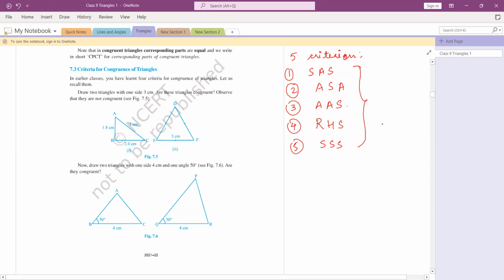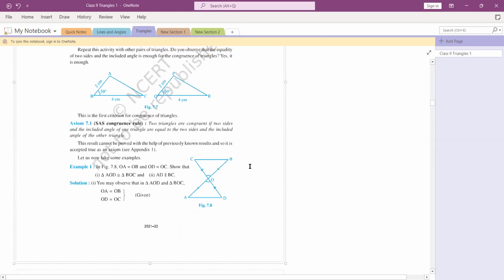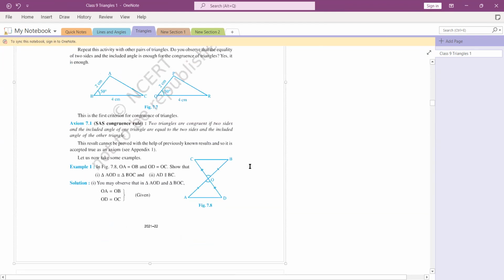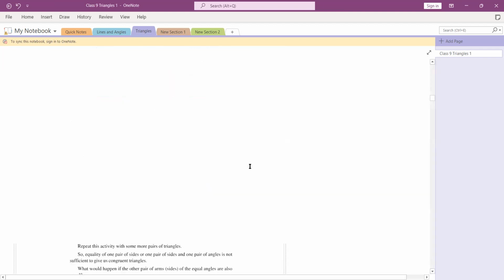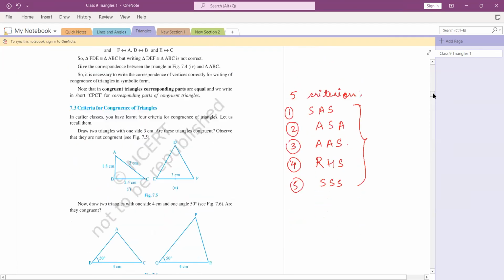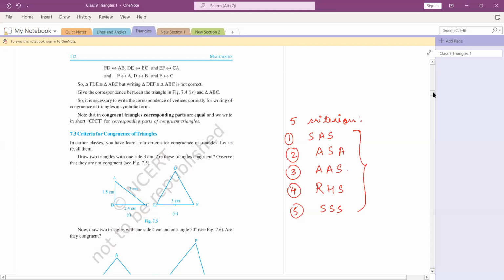All right. Yes, ma'am. Okay. So just have a look at the axioms very quickly. You can give it a read in your book. Just note it down, this is important. Please note down these 5 criteria in your copy. These are the 5 criteria you have to use to show that triangles are congruent.